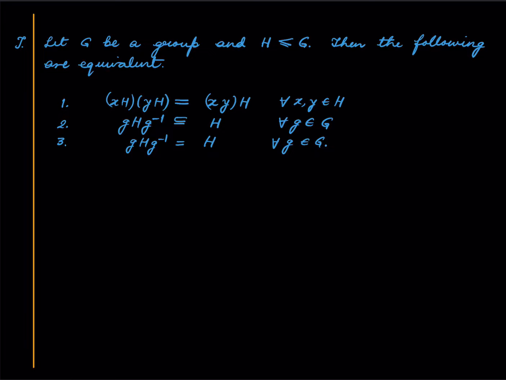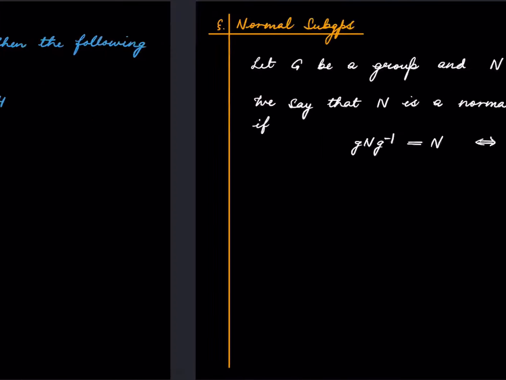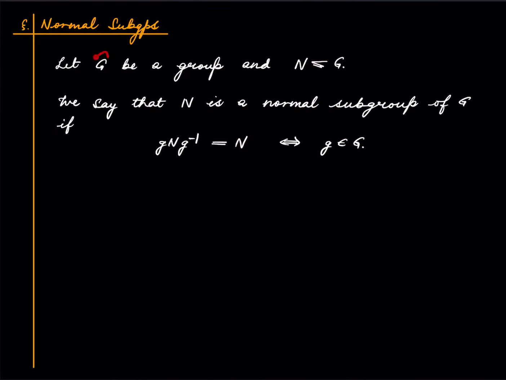Right, so let's move on. Yeah, and this gives us a definition. So let G be a group, and let N be a subgroup. We say that N is a normal subgroup of G if any of the three conditions that we saw are satisfied.